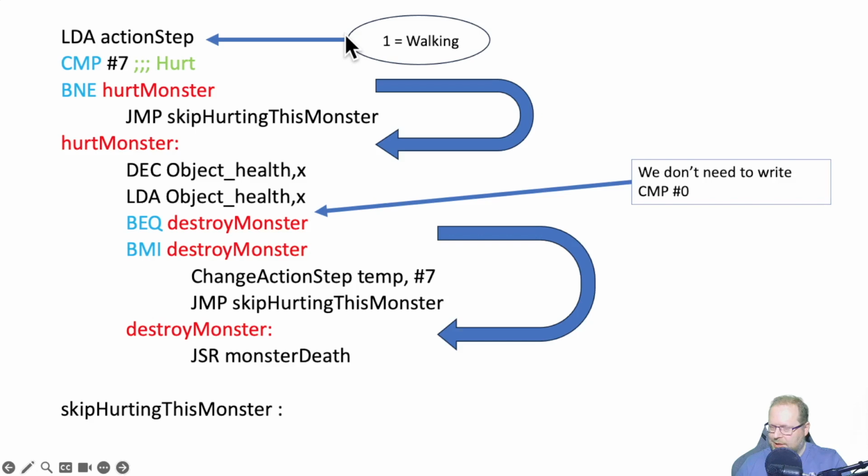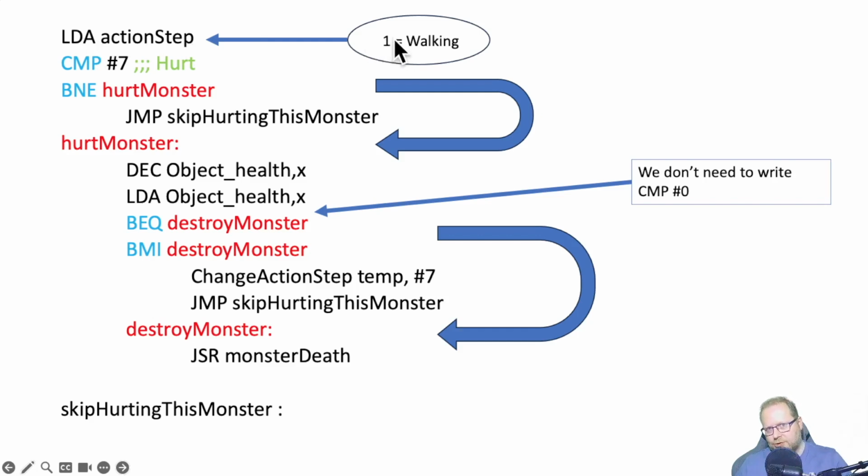We haven't talked about macro, so I don't want to confuse you unnecessarily. So I just wrote LDA action step. So let's just imagine that action step is a thing. It's a thing where I keep my action steps. So here I'm saying load A with action step. Right now it's set to 1.